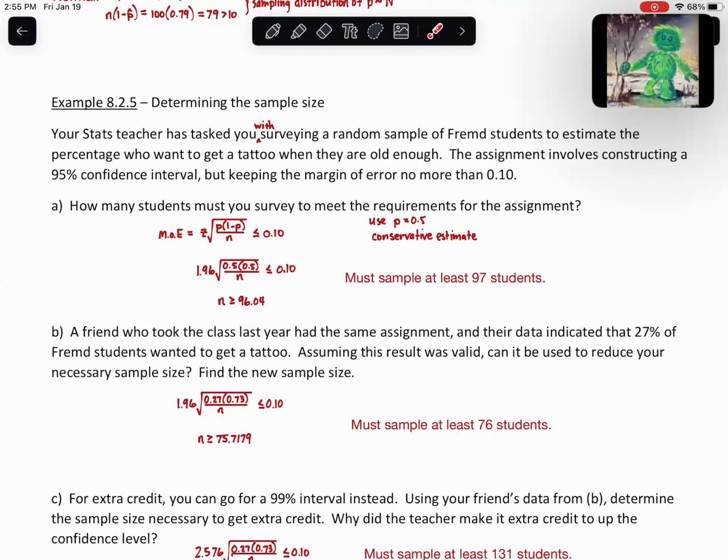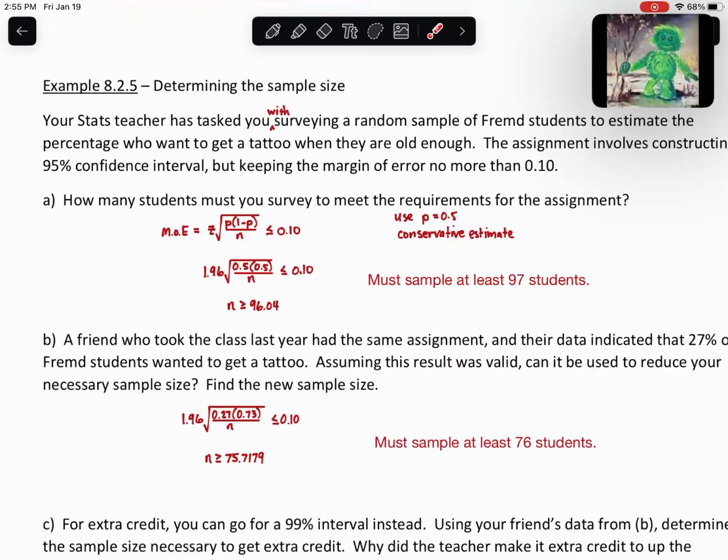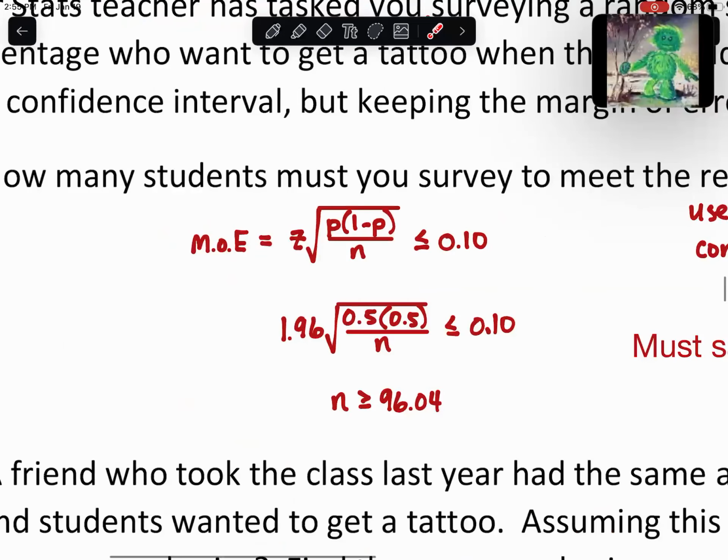Let's suppose we want to maintain a 95% level, but we want to keep our margin of error no bigger than 0.1. We want to cap the width on our interval. We need to make some decisions prior to sampling, and it starts with an analysis of the margin of error portion of our formula.